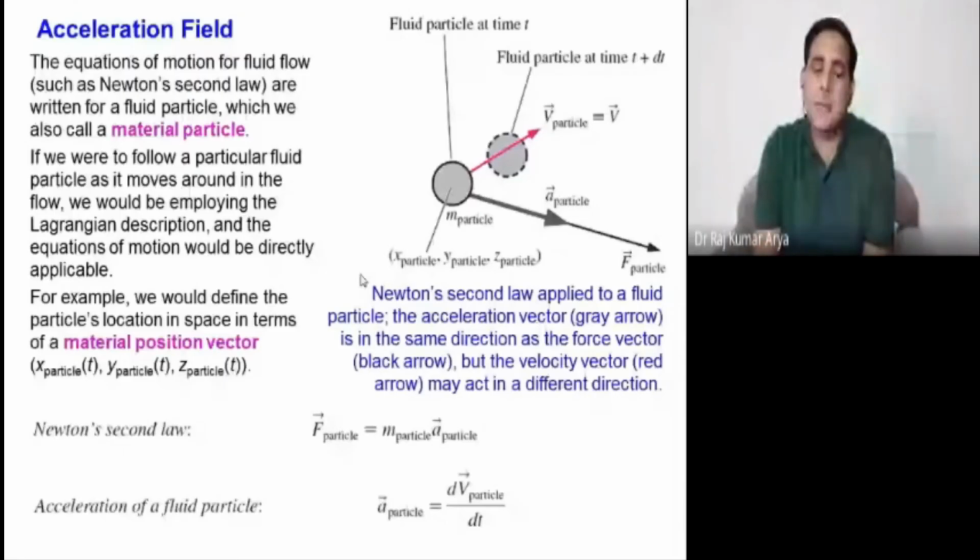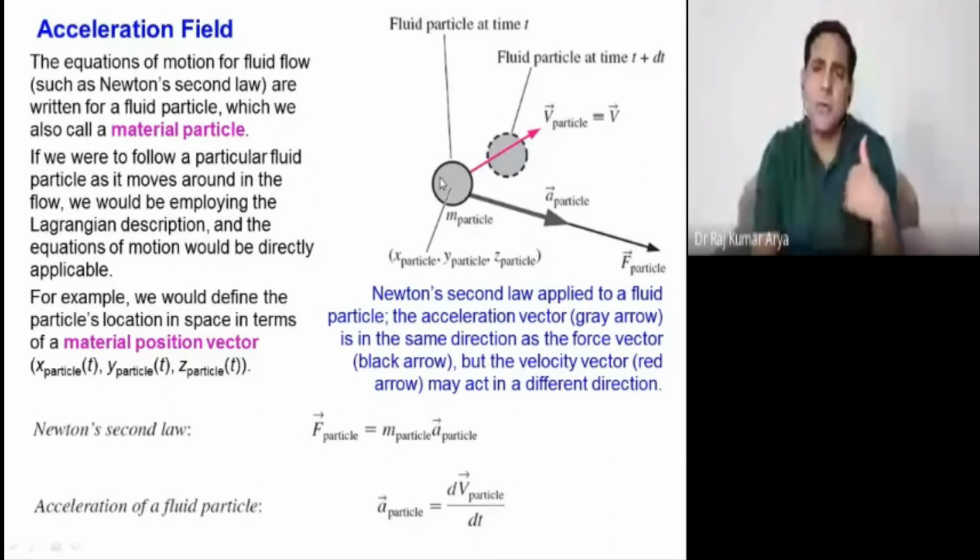So once you have velocity, then obviously you will have acceleration, because your velocity would change with respect to time. So your fluid is getting accelerated here. Let's say at this particular time your velocity is different. After some time, your velocity magnitude is also different.